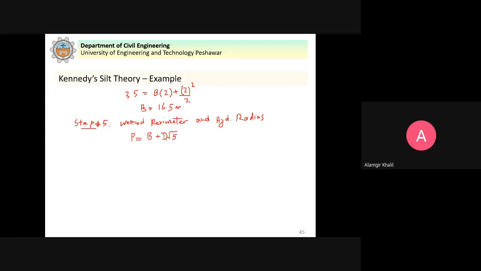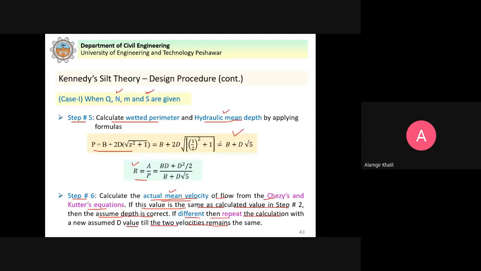Now just put the values for B and D. So the wetted perimeter comes out to be 20.97 meter.